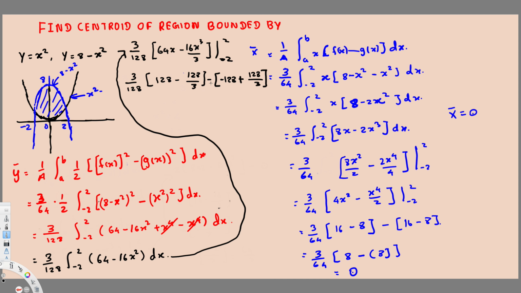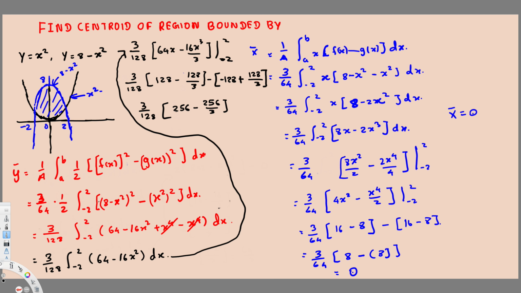So we have this minus, that's going to be plus, so 3 over 128, and this is going to be 256, minus 256 divided by 3, right?